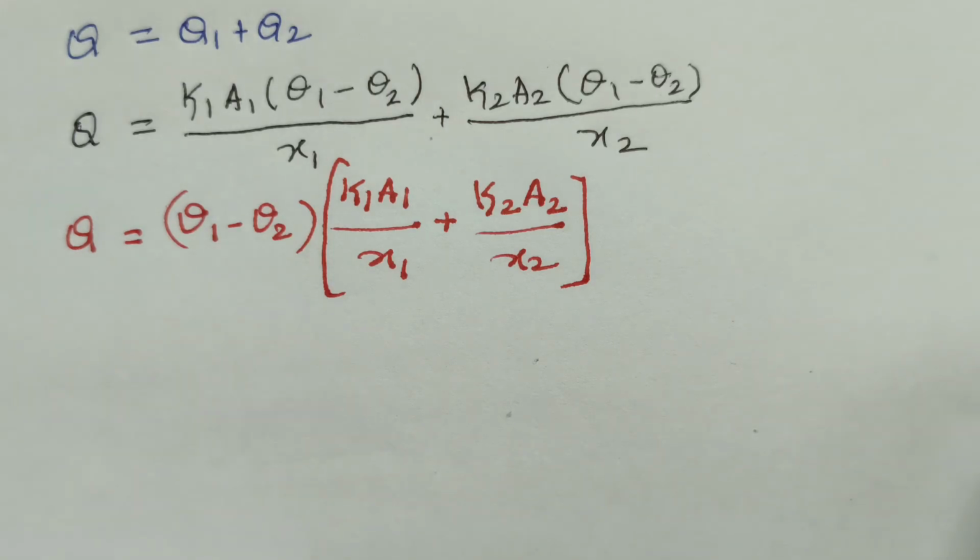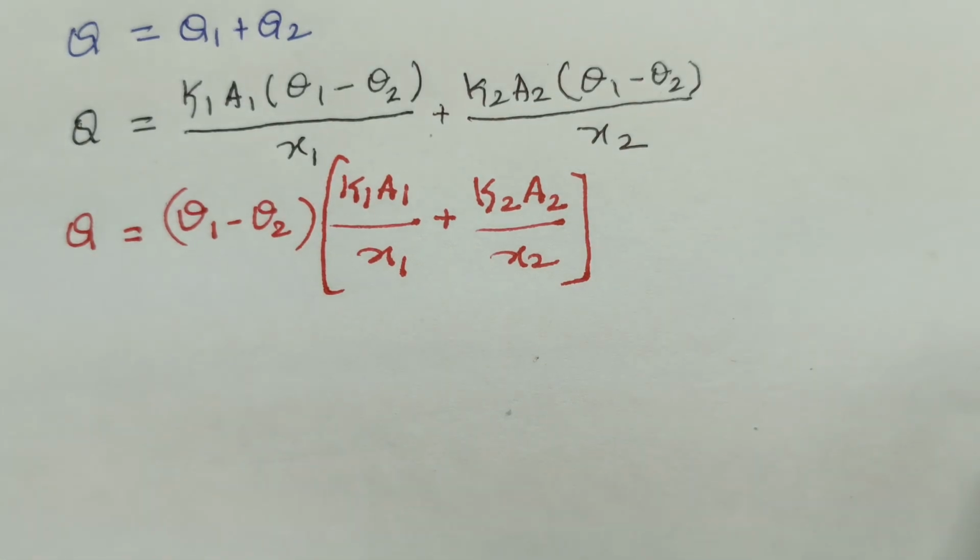Now if you have n number of composite slabs connected in parallel, as with the general equation in the series method, you can find the general equation for the net amount of heat flowing per second in the composite material with n number of materials.